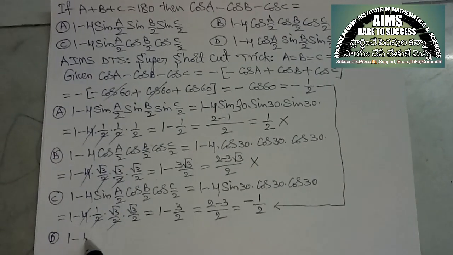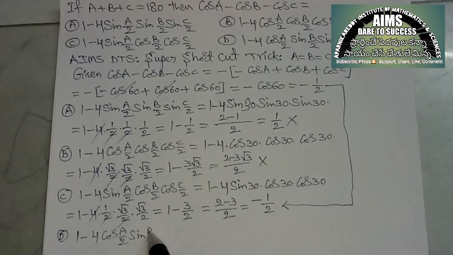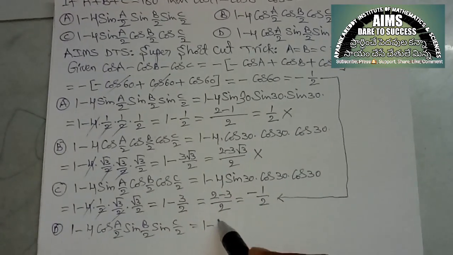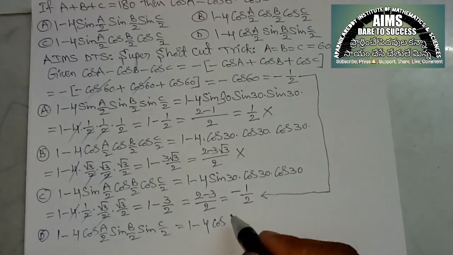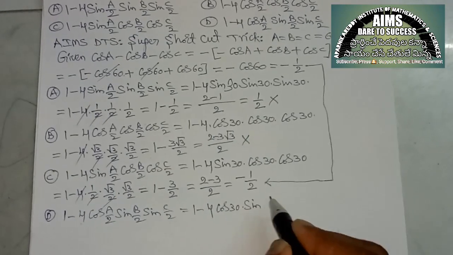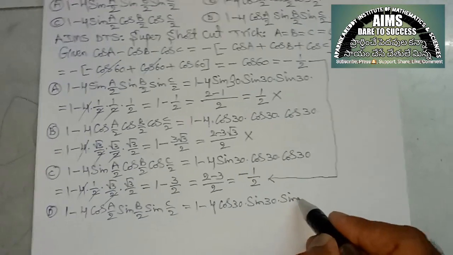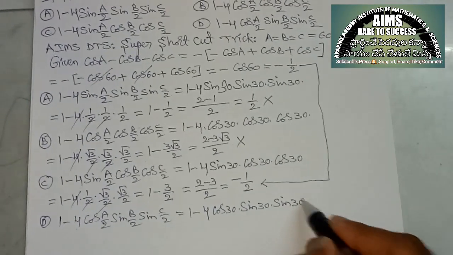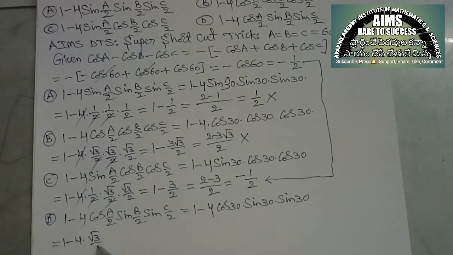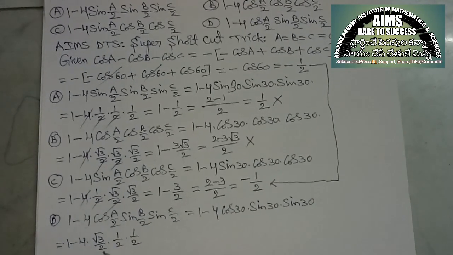So option D value is 1 minus 4 cos A by 2 sin B by 2 sin C by 2 is equal to 1 minus 4 into cos A by 2, 60 by 2, 30, into sin B by 2, 60 by 2, 30, into sin C by 2, 60 by 2, 30, equal to 1 minus 4 into cos 30 is root 3 by 2, sin 30 is 1 by 2, again sin 30 is 1 by 2.